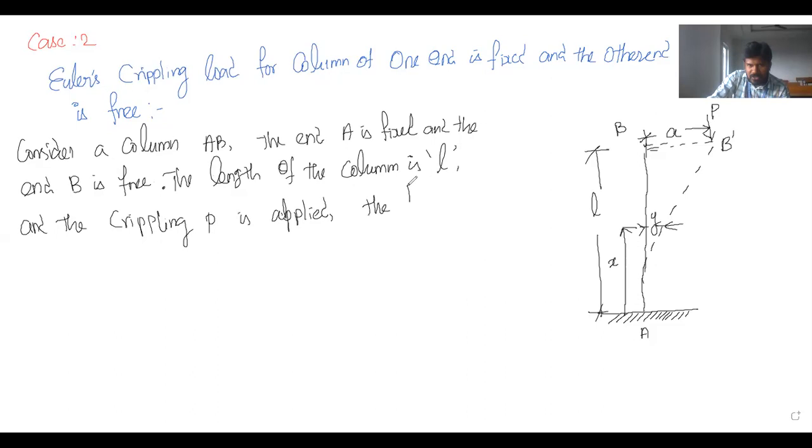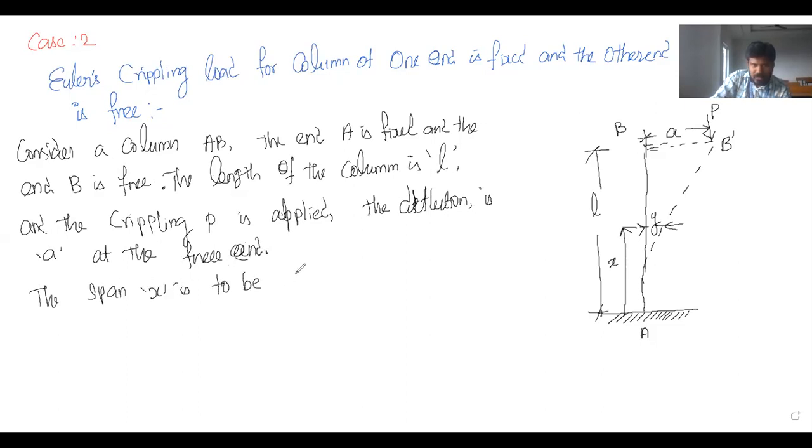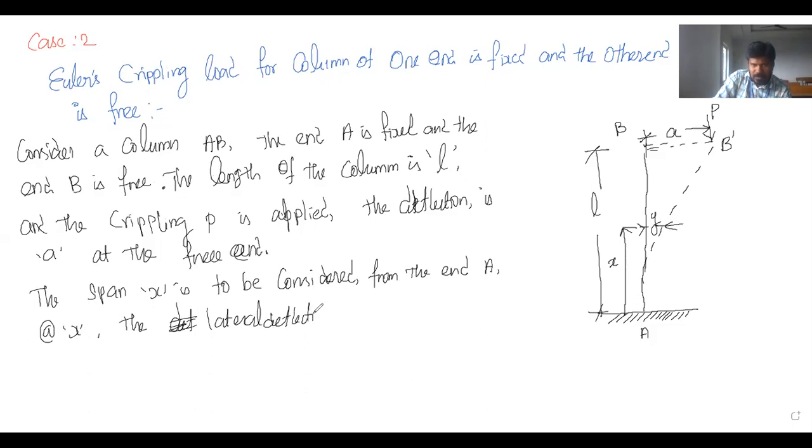The net deflection is A at the free end, and the span X is to be considered from the end A. So at X, the lateral deflection is taken as Y.